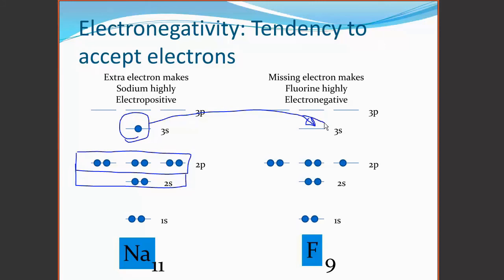I should have drawn this arrow going over here to explain how adding an electron to the 2p subshell completes the outer n equals 2 shell for fluorine, hence lowering its energy. So this concept of electronegativity is a measure of the tendency of an element to accept rather than donate electrons. Fluorine is the most electronegative element.